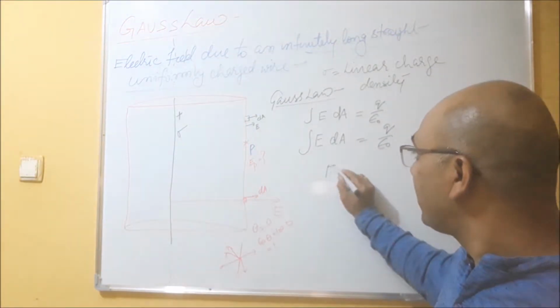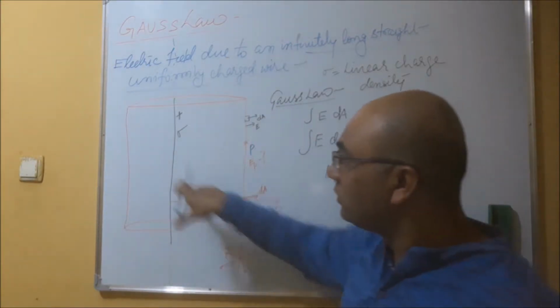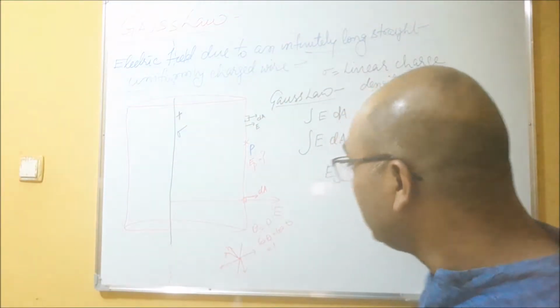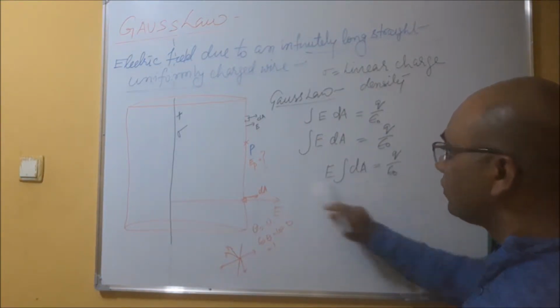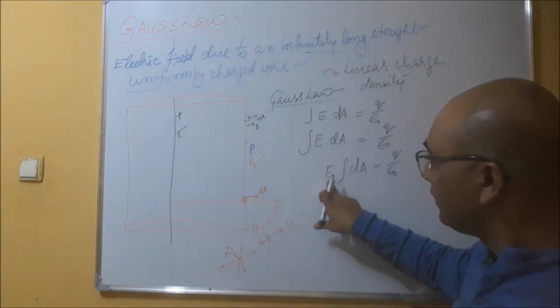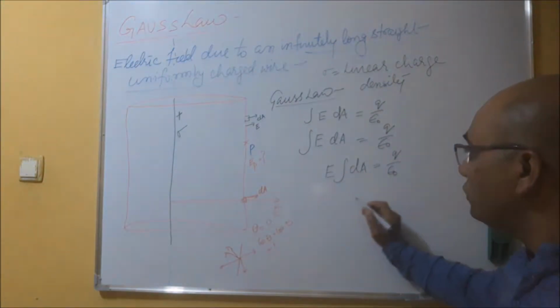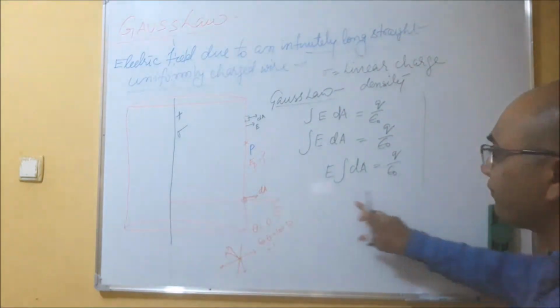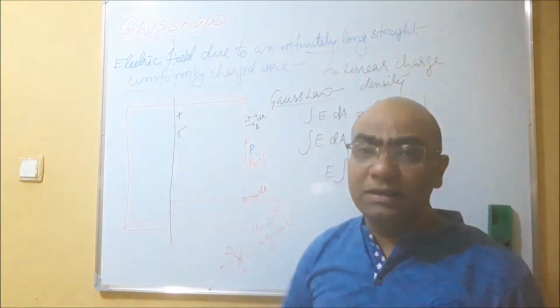So next step I can write E, since E is constant. I told you for the whole surface the value of E is constant. So E dA is Q upon epsilon naught. So at this particular point P, the value of electric field intensity will be E. Now you see here, this is a slender.